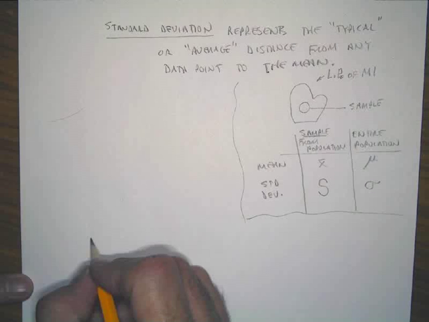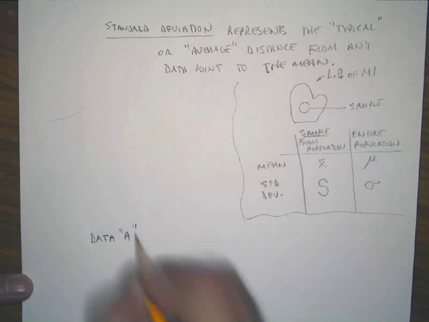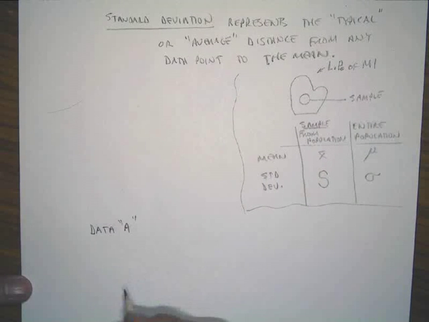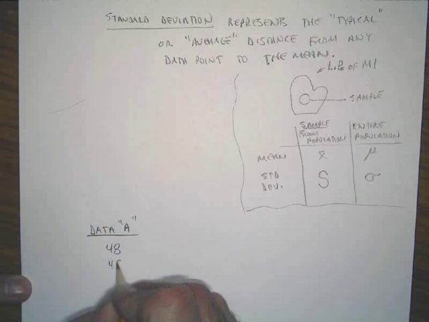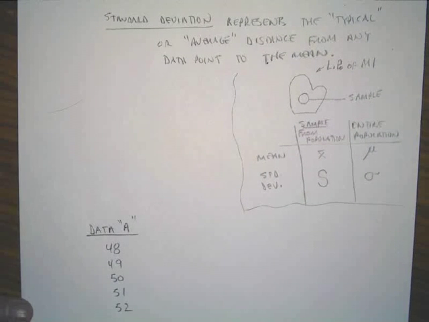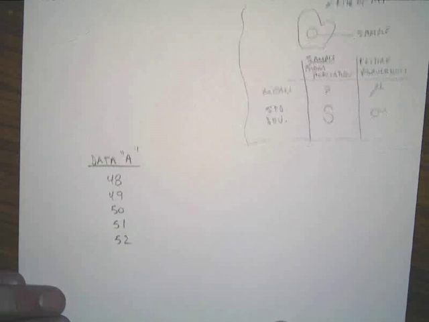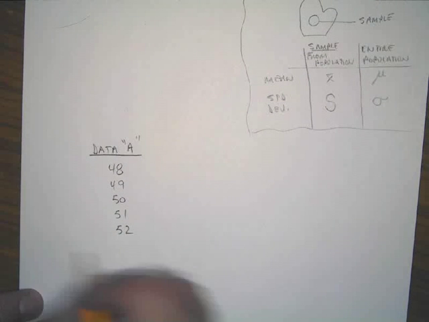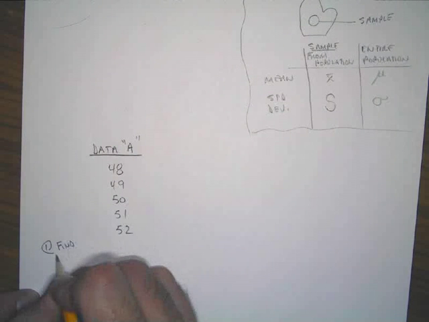I am going to go back to my favorite data set, data A. You will recall that data A was 48, 49, 50, 51, and 52. Now, there's a few things that we have to do to calculate standard deviation. The very first thing we have to do, number one, is we need to find the mean.